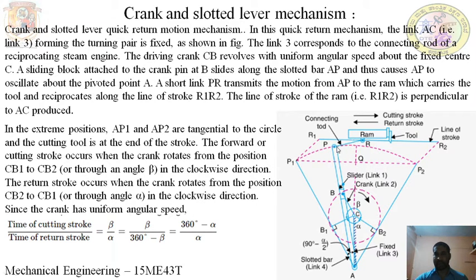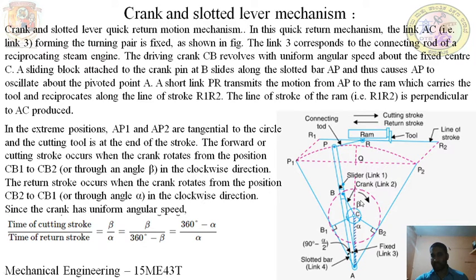The short link PR transmits the oscillating motion of the slotted bar into the reciprocating motion of the ram. The forward stroke takes place when the crank rotates from position CB1 to CB2, through an angle beta.